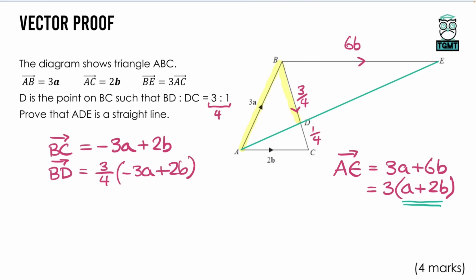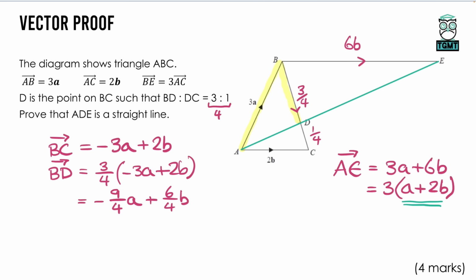If we expand this bracket, we're just going to multiply the numerator by the numbers or the coefficients of A and B here. So we get minus 9 over 4A, just timesing that 3 by 3, plus 6 over 4B. Now I don't need to simplify these fractions or try and be fancy with it at the moment. I just want to write the vector down, and I've got my vector B to D.